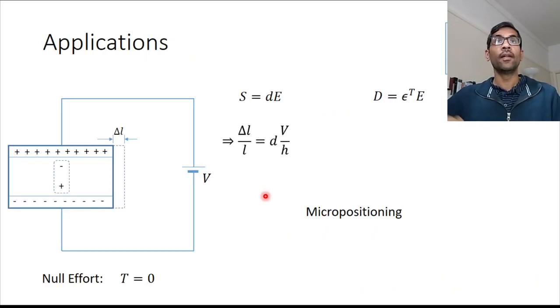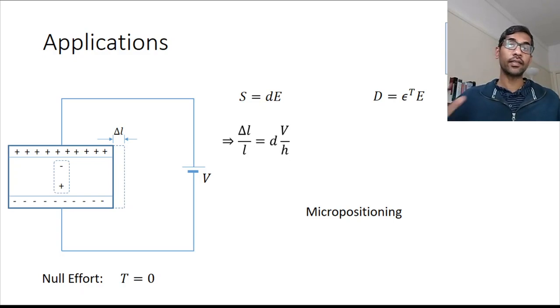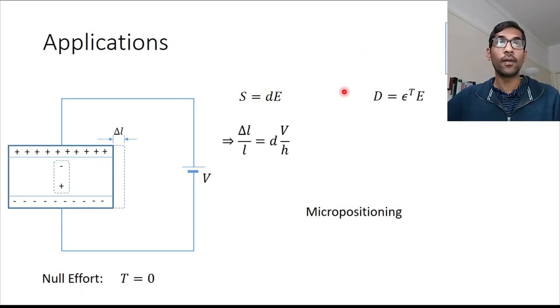Okay, so in the first application, what I want you to imagine is that T is 0. That is, we don't apply any stress to the piezoelectric material. All we do is we apply a constant voltage across the crystal. If we do that, what's going to happen? Now these are our equations, and you set T equal to 0.